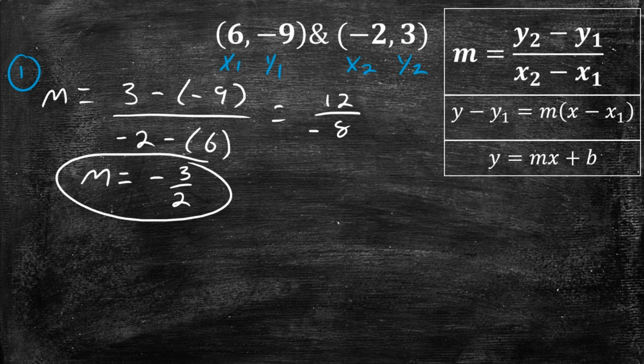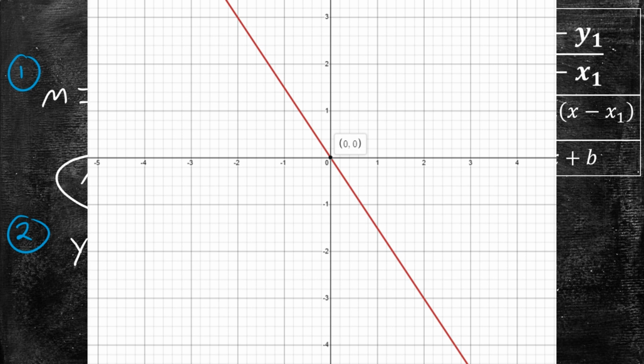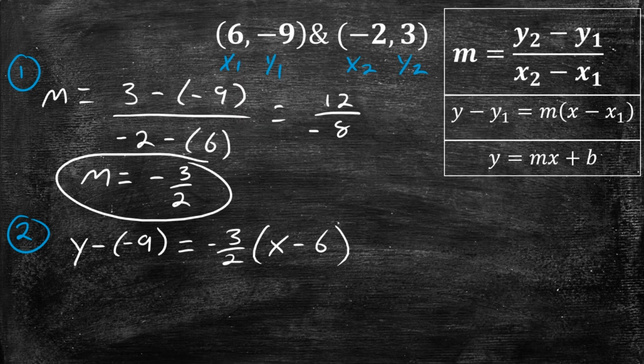And now we can move on to step number 2, which is to write the equation in point slope form. So that is going to be y minus our y1 is equal to our slope times x minus x1, which is 6, like that. And now I just want to simplify this a bit.